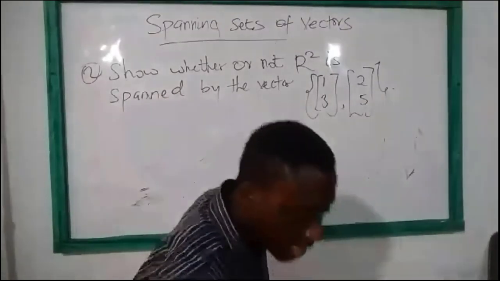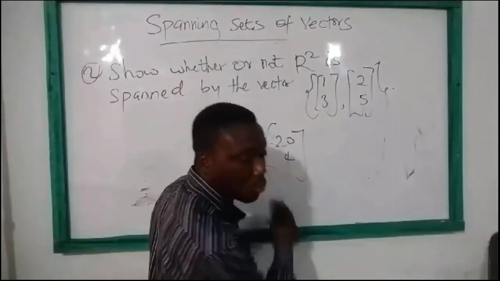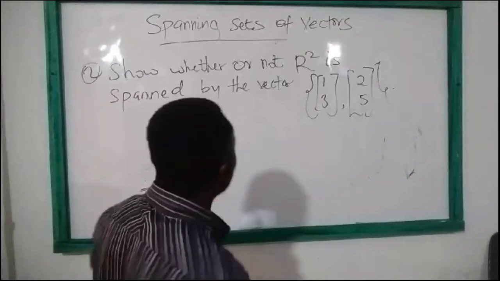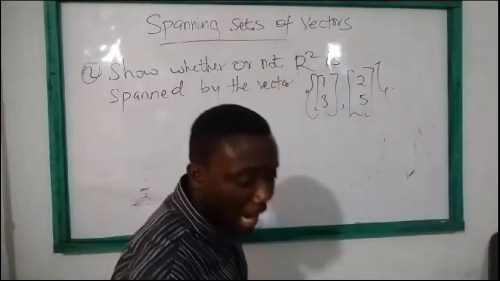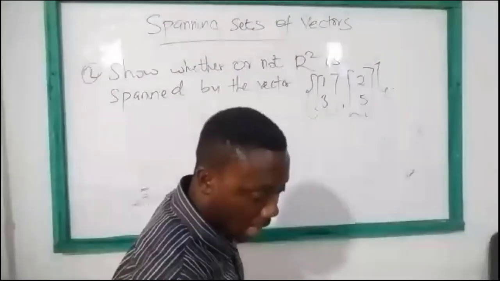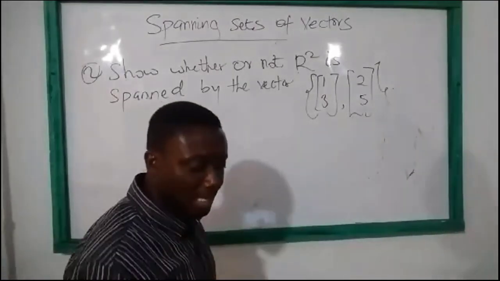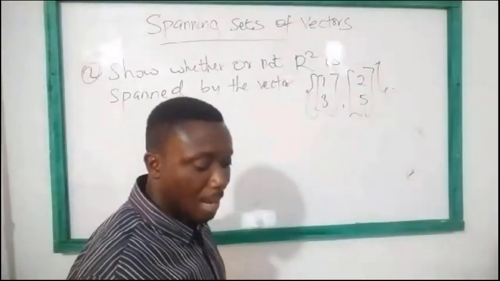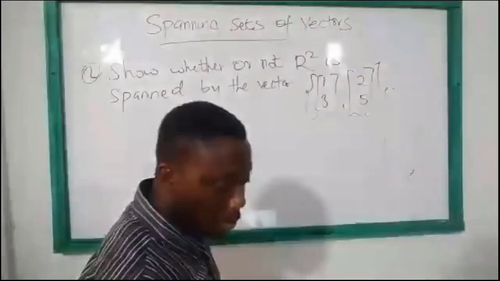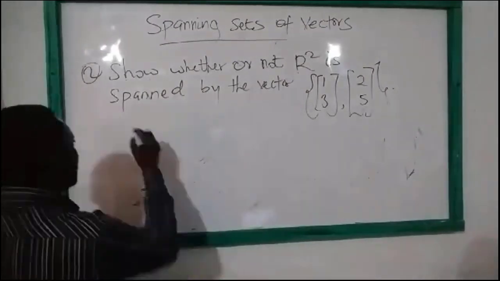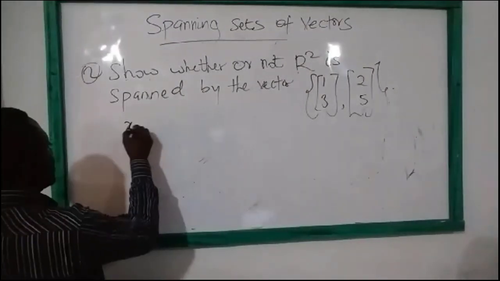But in this case, the vector is not given. We are saying that the vector should be in R2, a two-dimensional vector. So in that case, you represent that vector by variables, and here we are going to use X and Y.